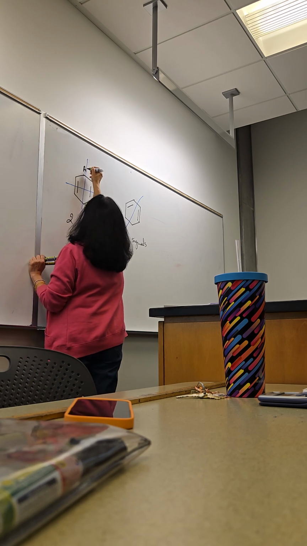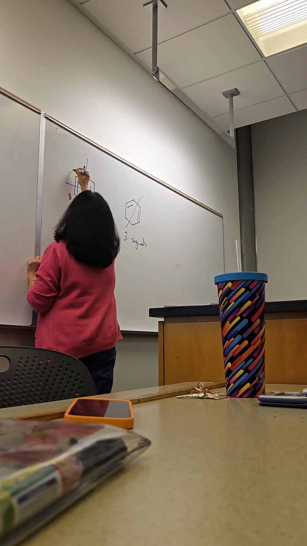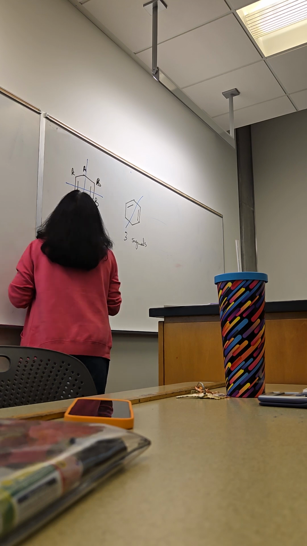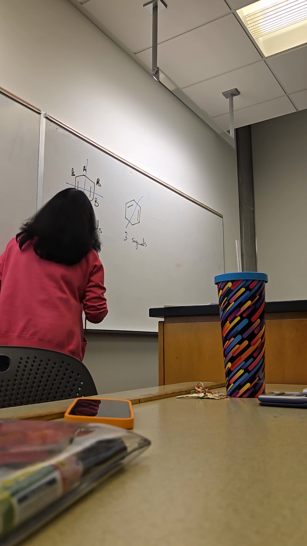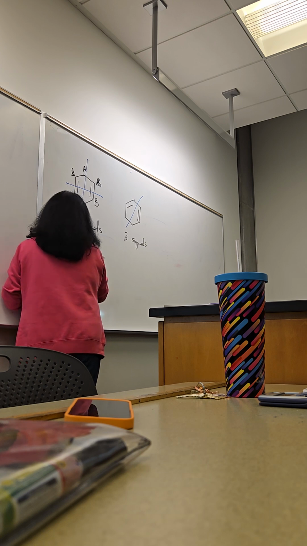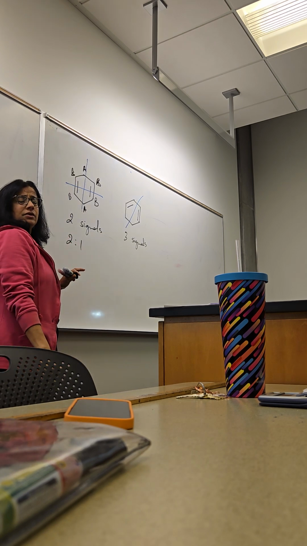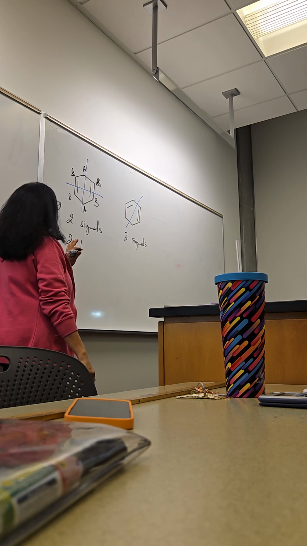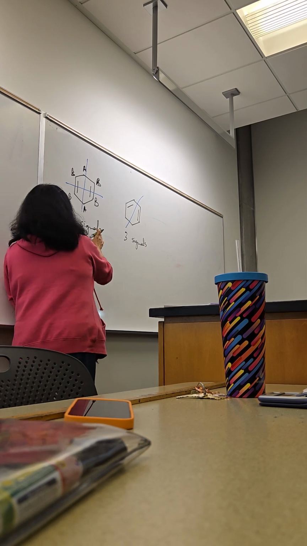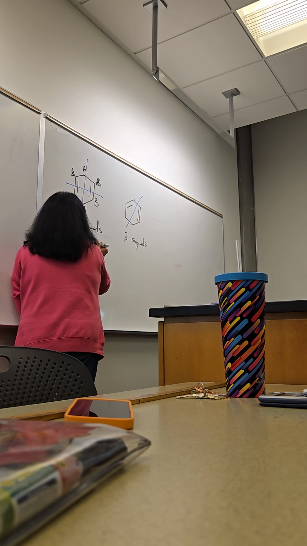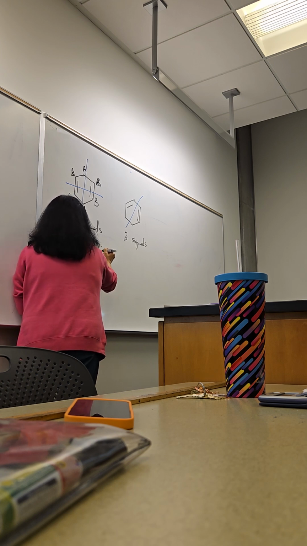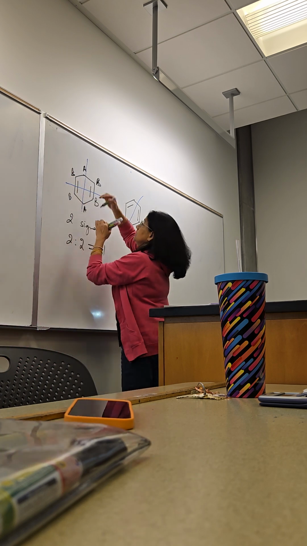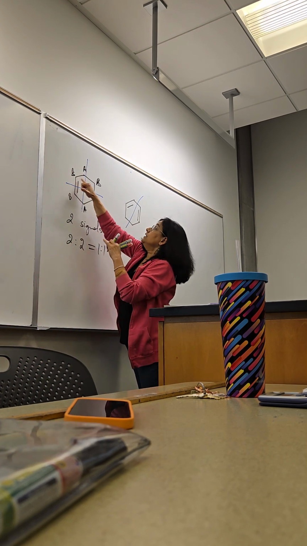Because let's say that is A, B, B, B, B. Everybody agrees? Oh, wait, no, not 2 to 1. Careful, careful. Or 4 to 4. 2 to 2 or 1 to 1. Am I right? Yes? Yeah, because there are 2 here and 2 there.